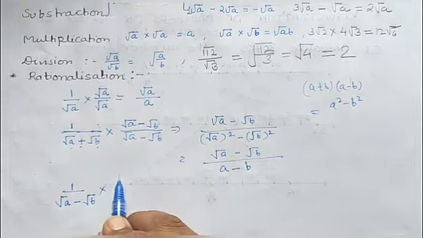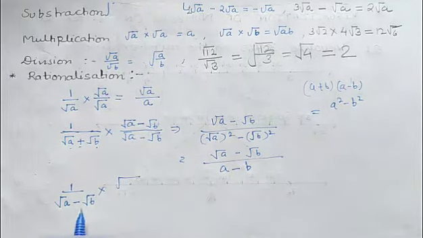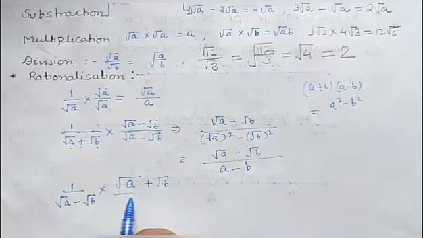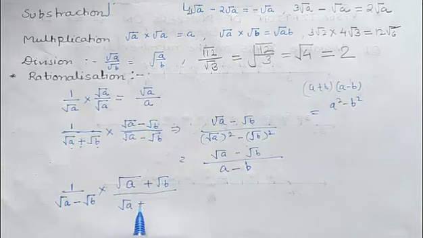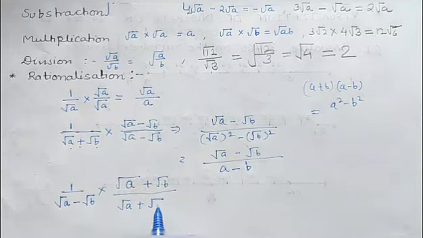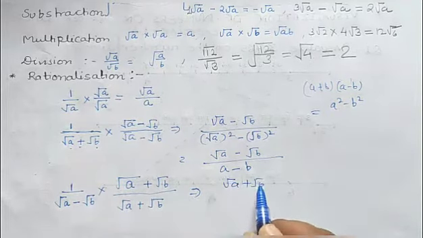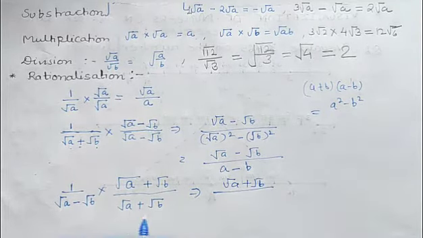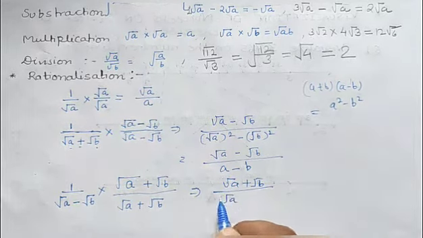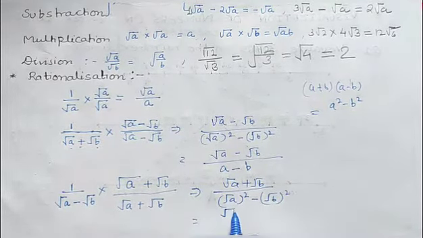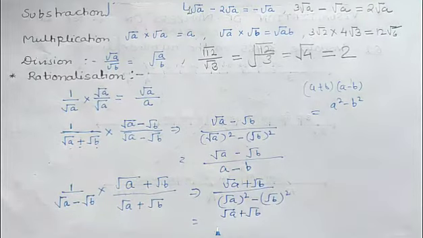You have to multiply the numerator and denominator both with the opposite sign of the denominator, under root a plus under root b upon under root a plus under root b, like this. So in the numerator under root a plus under root b will be there, and in the denominator a minus b, a plus b, again this formula will be applied, so it will be under root a square minus under root b square, so it will be under root a plus under root b upon a minus b.